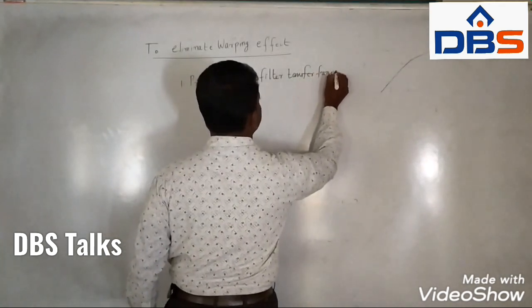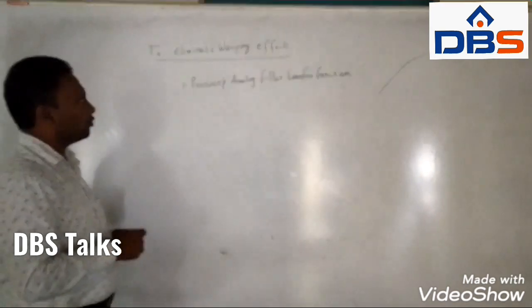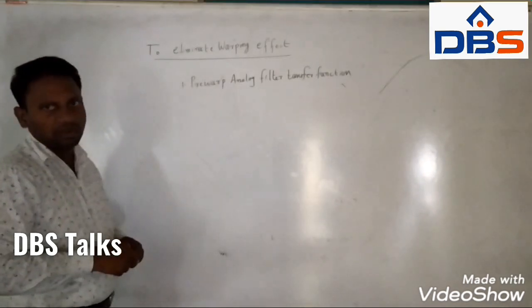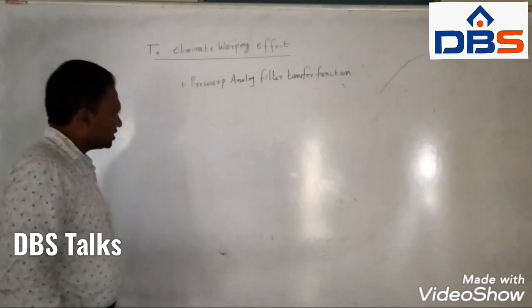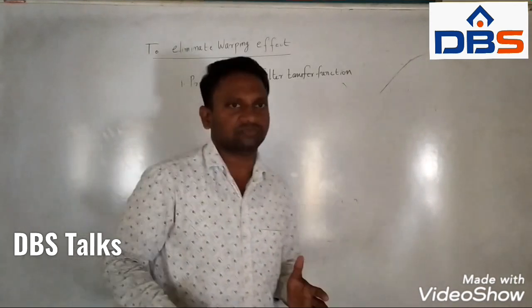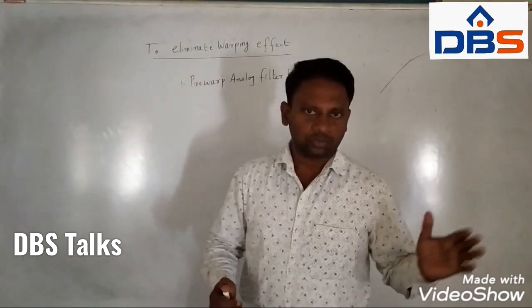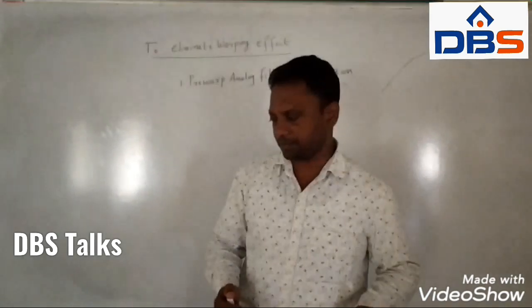Okay, so this is the solution for eliminating the warping of the analog filter. Now, this is the complete discussion about the bilinear transformation, which is used to transform an analog filter transfer function into a digital filter transfer function.